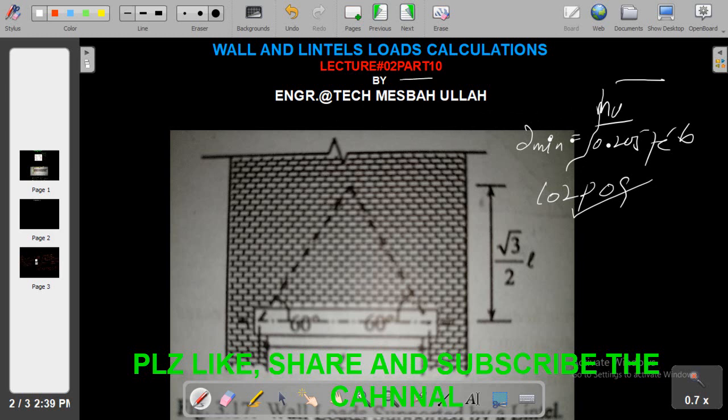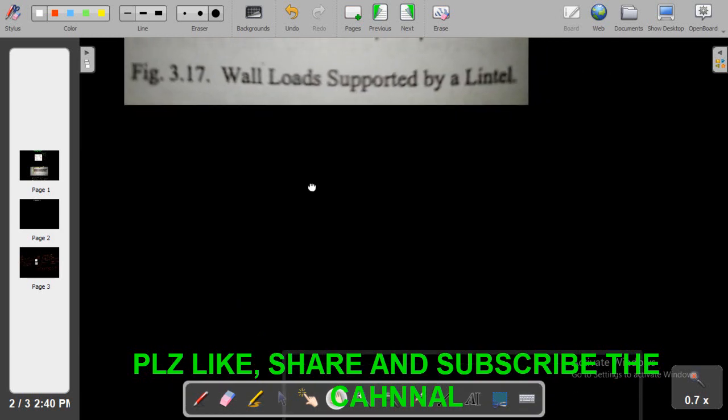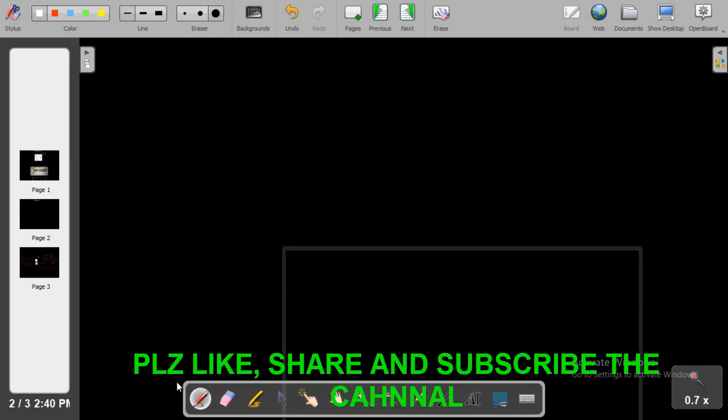Now in this lecture we will calculate the wall loading and the loading of a lintel in case of masonry work. We all know how to calculate a wall load. Let's say we have a beam, and it supports a wall.